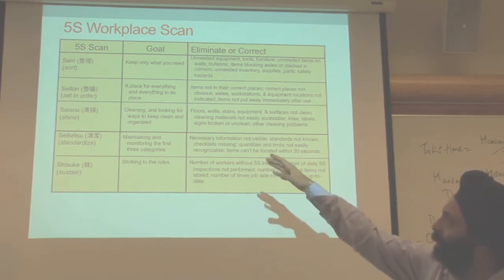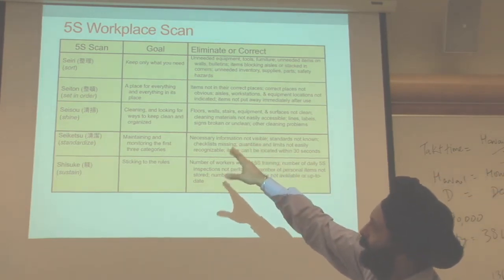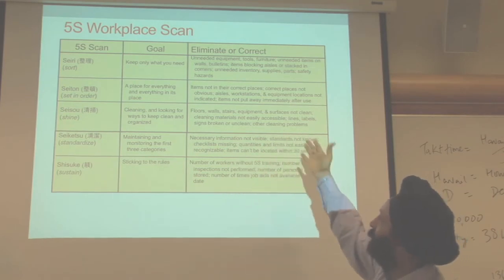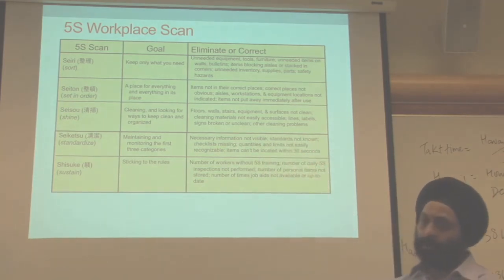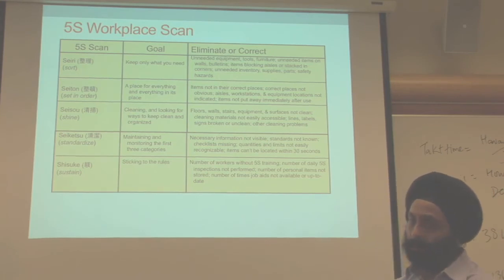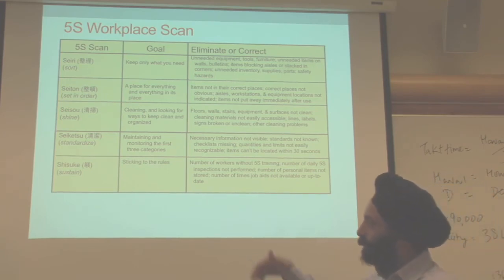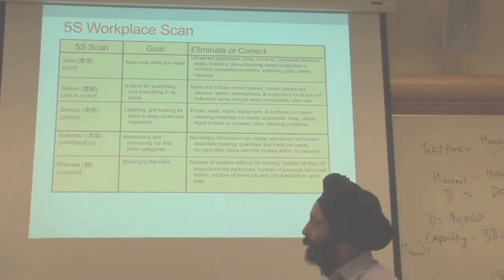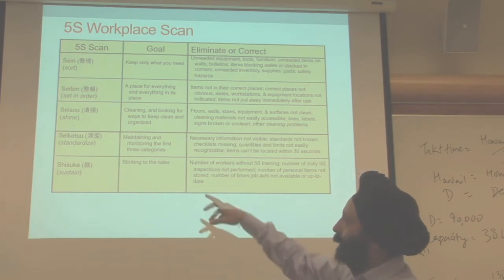Seiton is set in order, a place for everything and everything in its place. So if items are not in the correct places, then it should be obvious. They should not be just lying around, thereby making it harder to focus and minimizing time wasted searching for the right items.